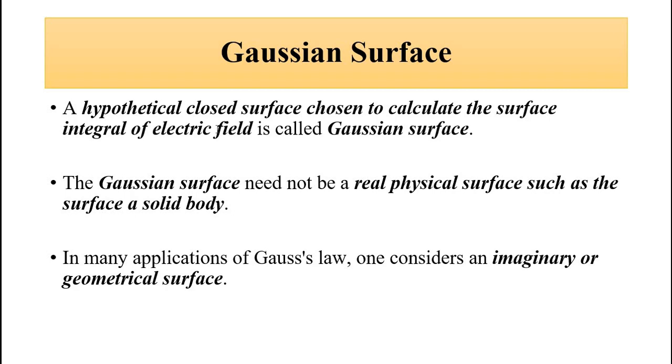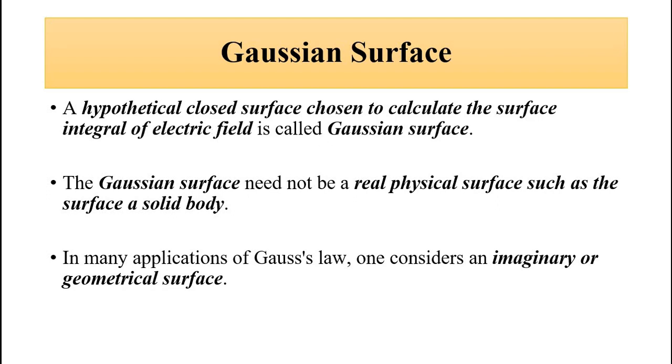The most important application of Gauss law is to determine the electric field due to a charge or a charge configuration. Depending upon the charge configuration, an appropriate Gaussian surface is chosen so that Gauss law can be applied suitably and easily.